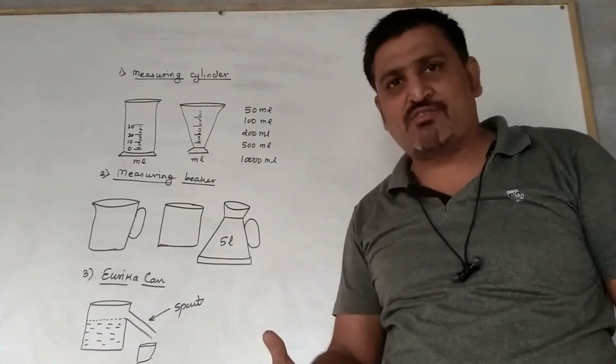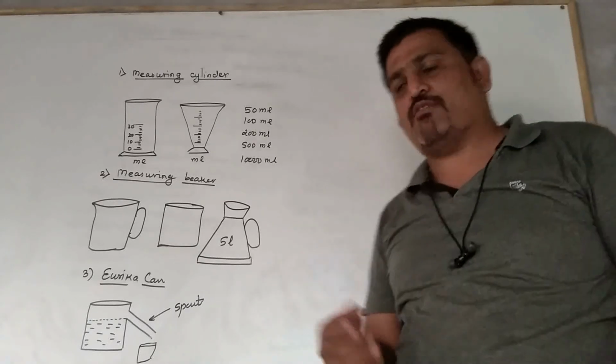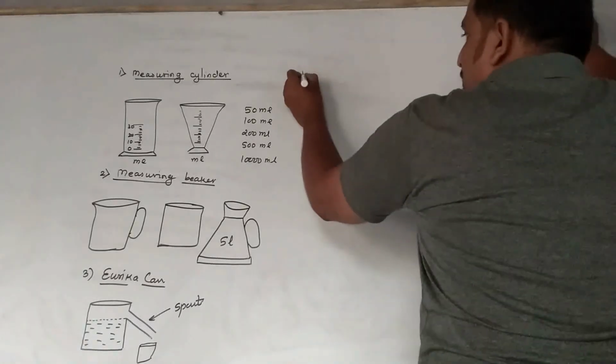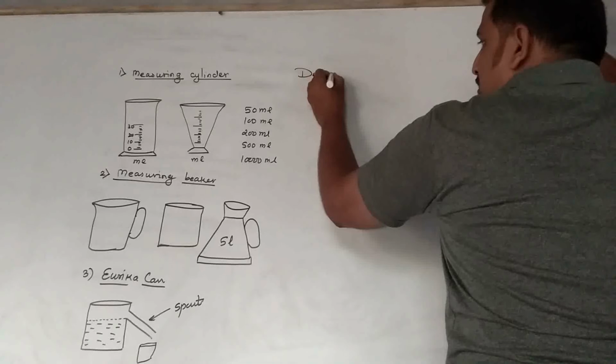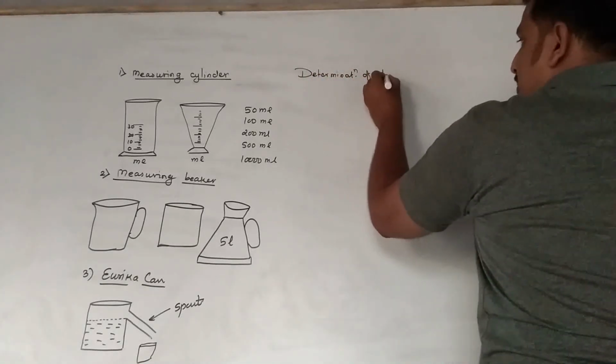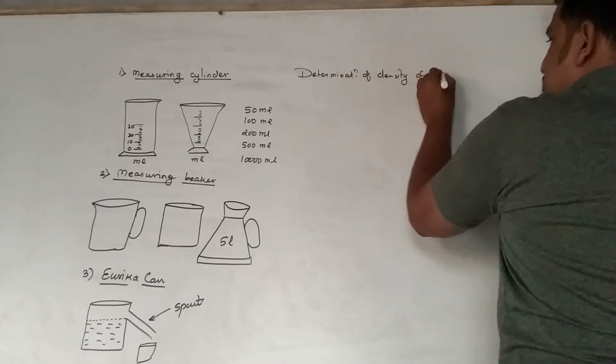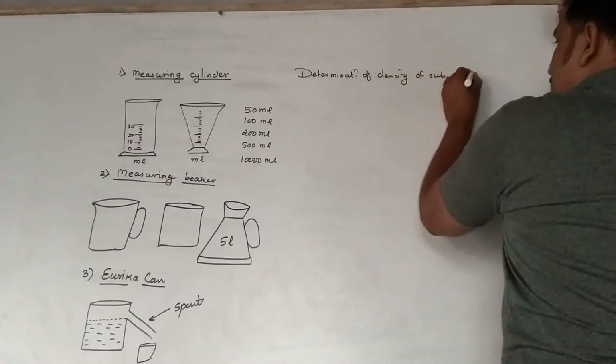How to measure the density of a substance having irregular shape? Determination of density of a substance having irregular shape.